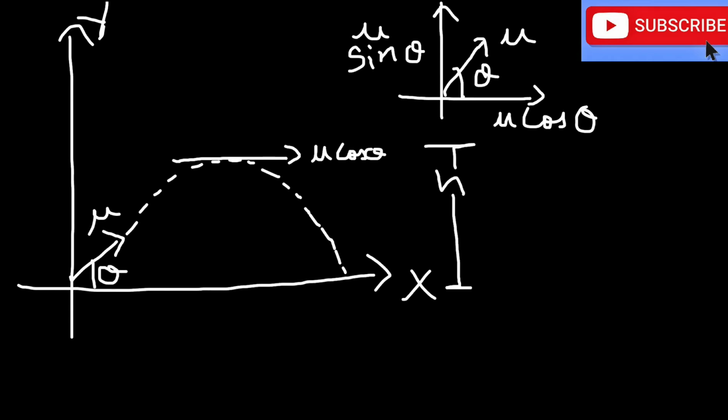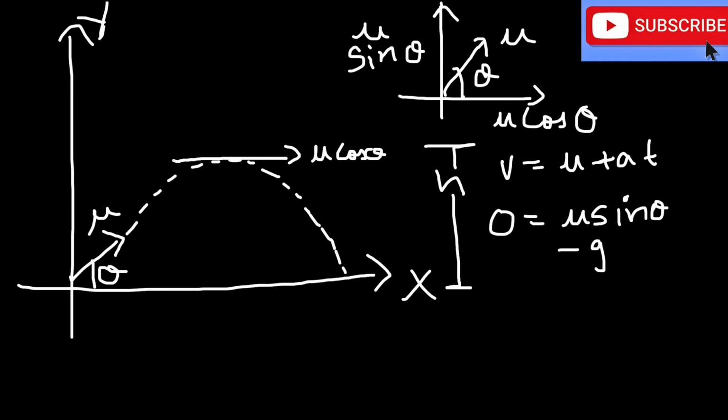So, using the equation v equals u plus at, for the vertical motion the final velocity will be 0. The initial velocity for the vertical motion is u sin theta, and the acceleration a is gravity acting in the downward direction.